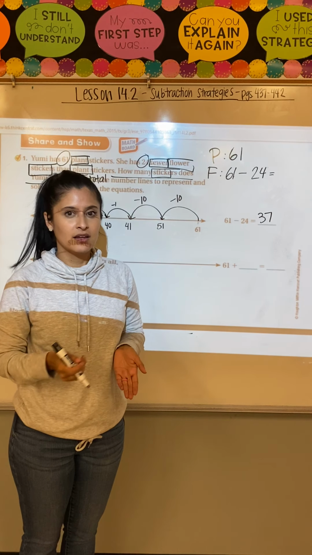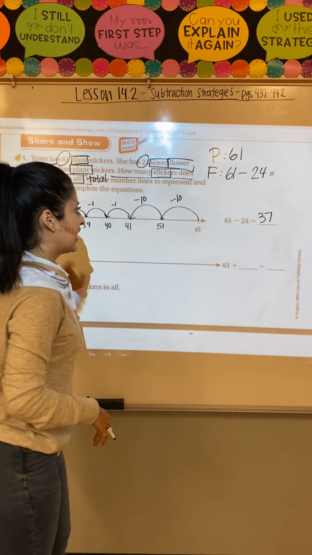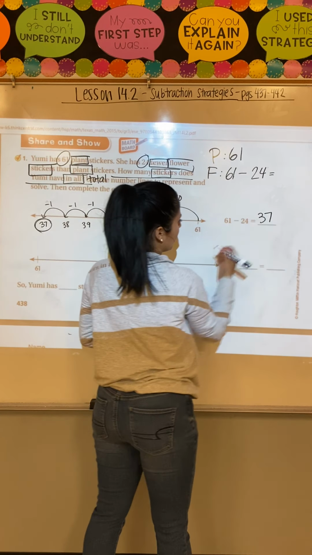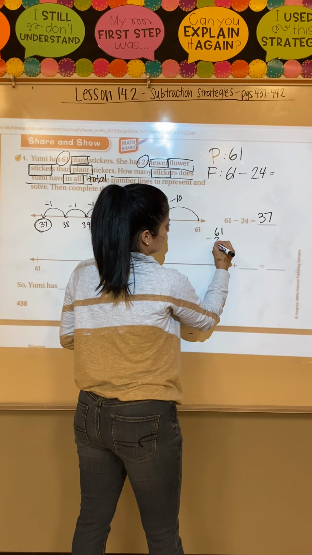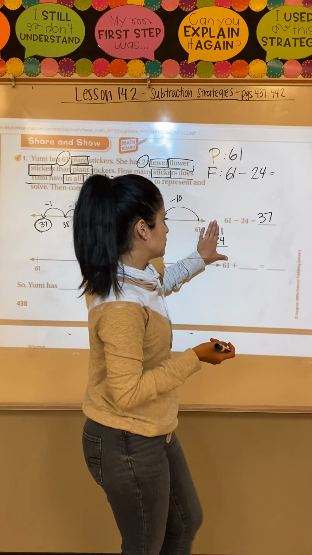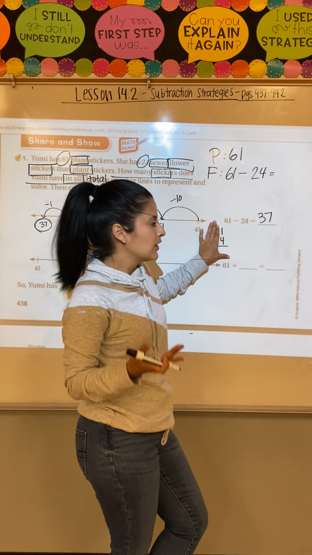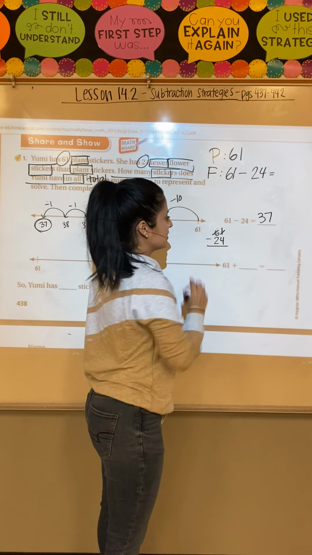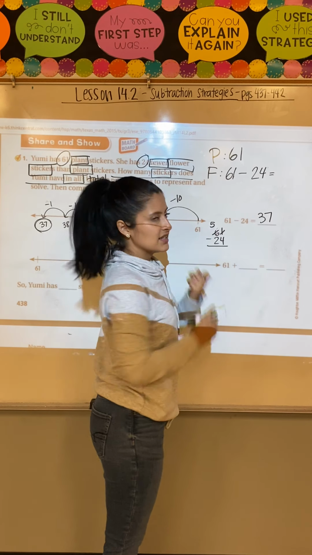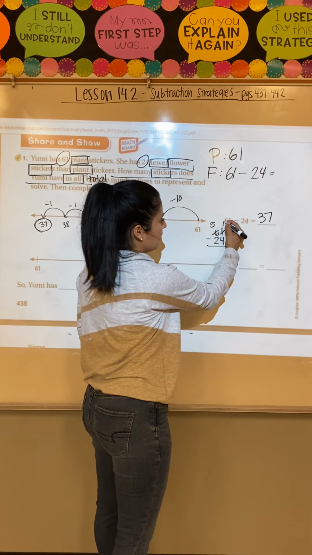Again, if you're unsure about this, we can use our standard algorithm to help us out. I can show my work, I'm going to show it right here, to make sure that it really is 37. Now, can I do 1 minus 4 in 3rd grade? No, go next door, get 10 more. 6 becomes a 5. 1 gets 10 more, so it's 11.